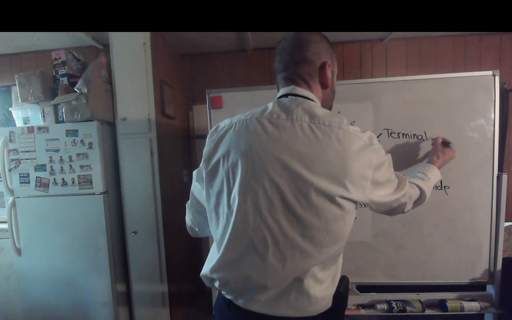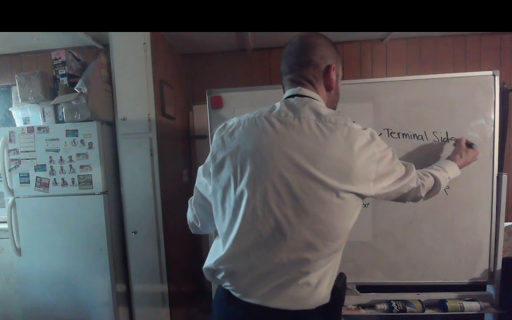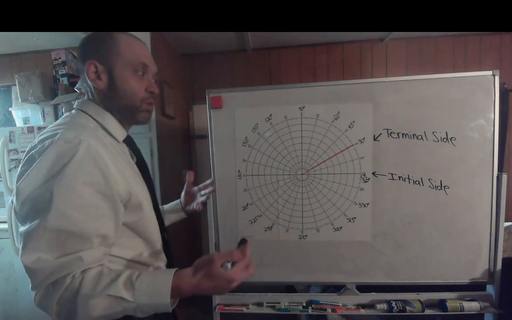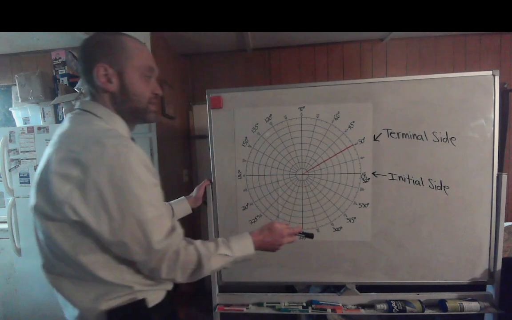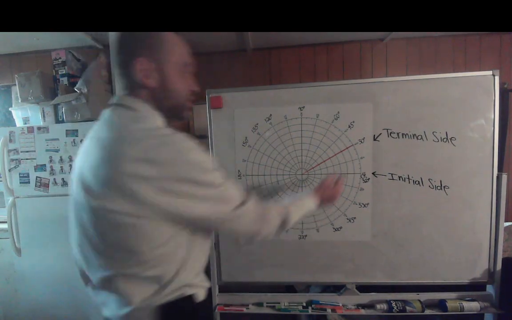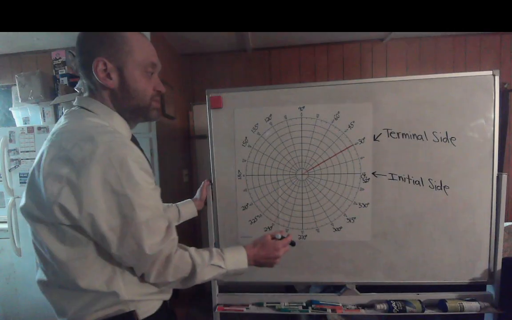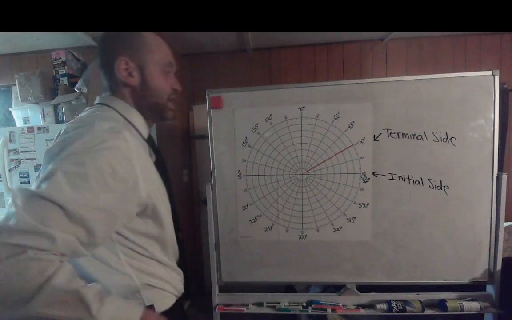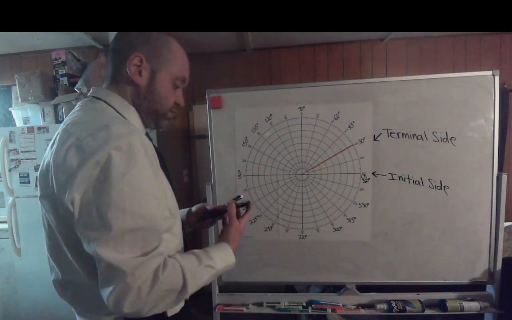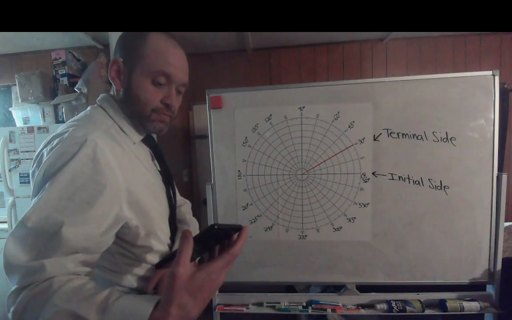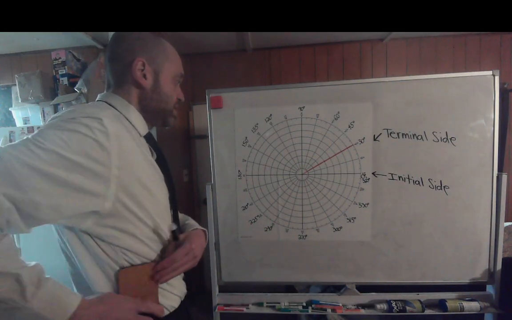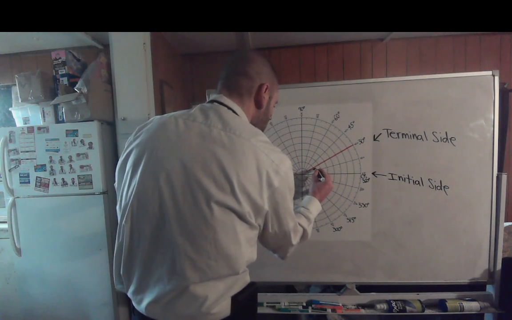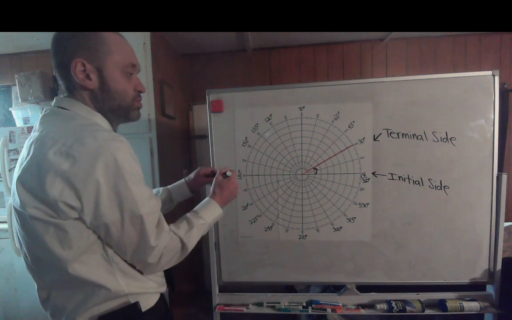So if you hear initial side, in this case it's the positive x-axis, and that's what we're going to work with. Your terminal side is where the angle stops. So the angle, of course, occurs between your initial side and your terminal side. So there's a 30-degree angle. Let me just draw an arrow so you can see that there's an angle between there.